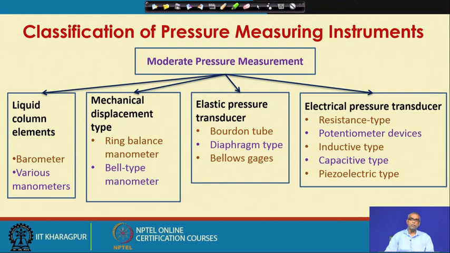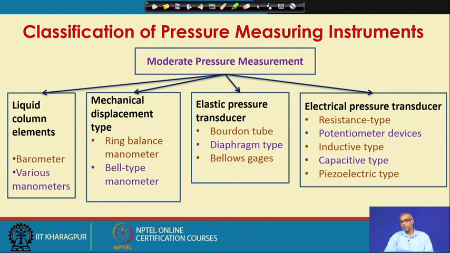So, liquid column elements, examples being barometers and various manometers; mechanical displacement instruments that balance force, such as ring balance manometers and bell type manometers; elastic pressure transducers, Bourdon tube, diaphragm type, and bellows gauges; and electrical pressure transducers, resistance type, potentiometer devices, inductive type, capacitive type, and piezoelectric type.